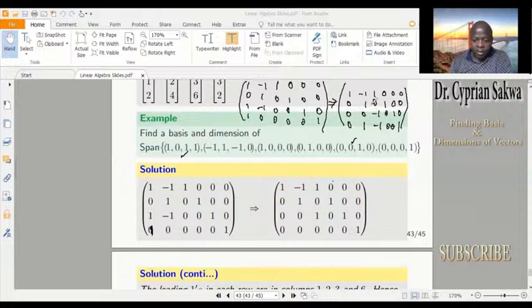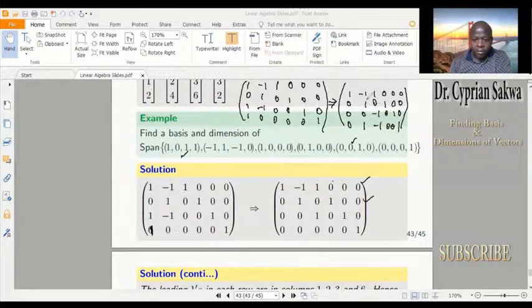So what I did was, I now have this leading one. I want a 0 here and another 0 here. Fortunately, we already have a 0 here, so we only need to create a 0 here. Let me see what I have. The first row remains where it is. The second row remains where it is.